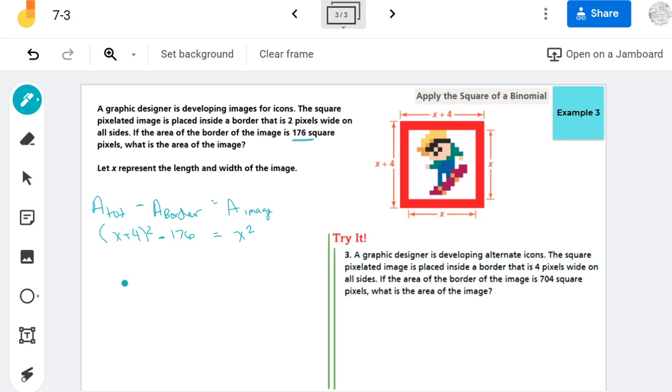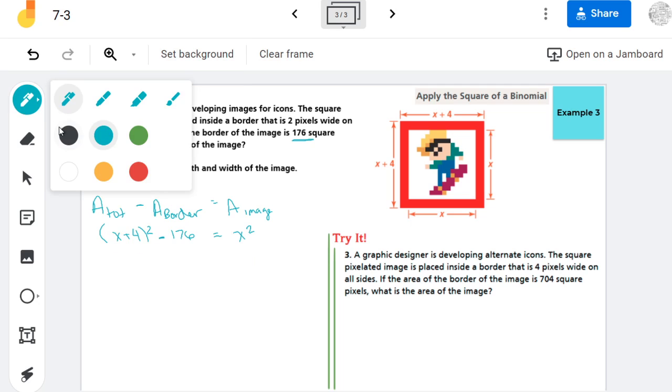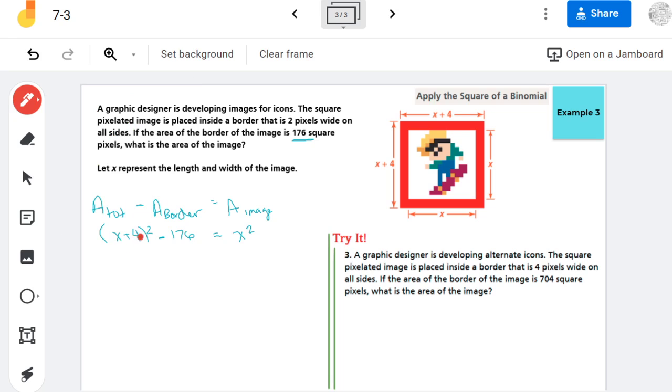Alright, so now I'm going to use that formula that allows me to distribute this easily. So remember, if I have a plus b squared, it'll turn into a squared plus 2ab plus b squared. And that's what I'm doing here.